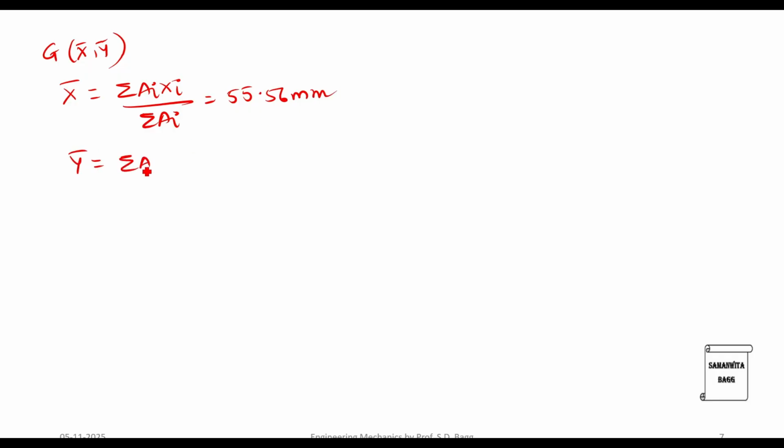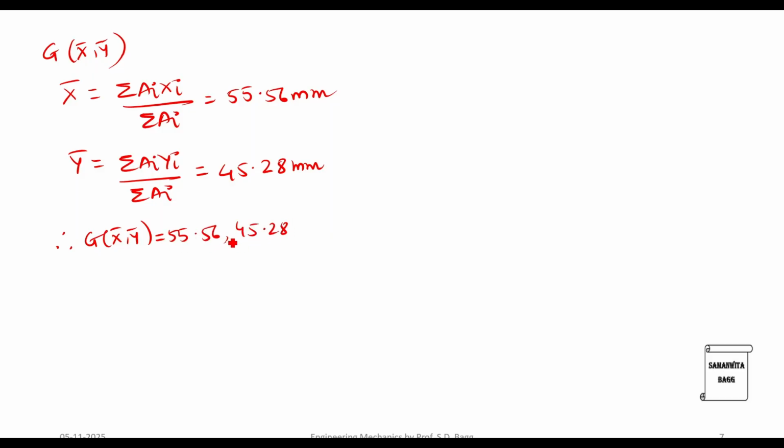Y bar is summation Ai yi upon summation Ai. This is 45.28 mm. Therefore, G x bar y bar is 55.56, 45.28. This value is in mm.